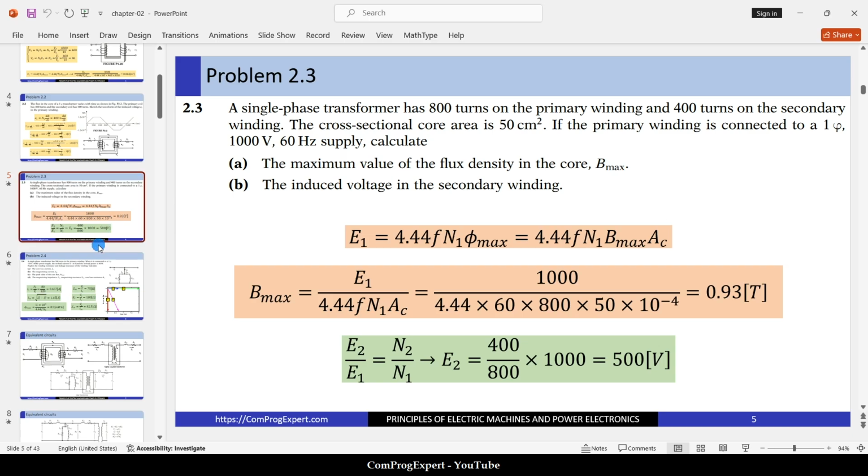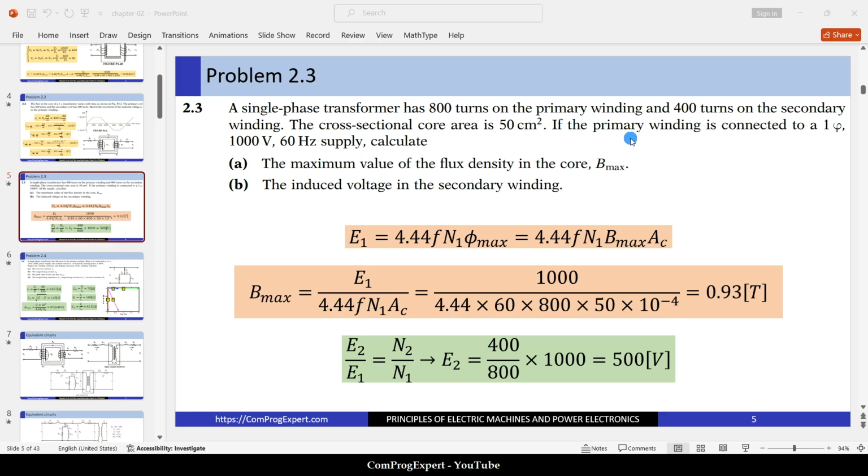Problem 3. A single-phase transformer has 800 turns on the primary winding and 400 turns on the secondary winding. The cross-sectional core area is 50 centimeter square.